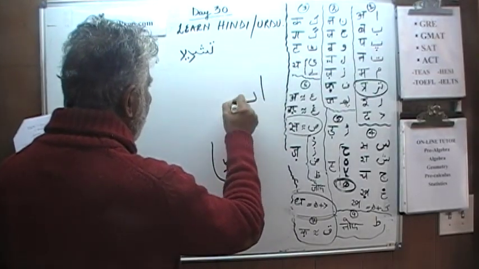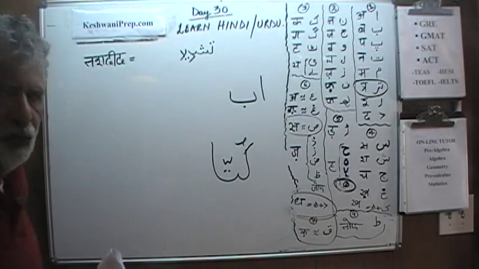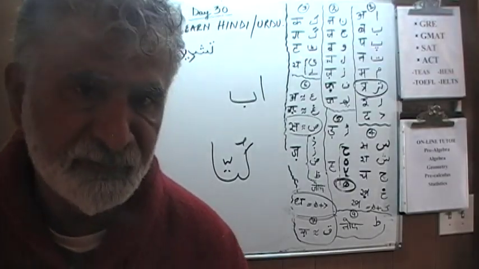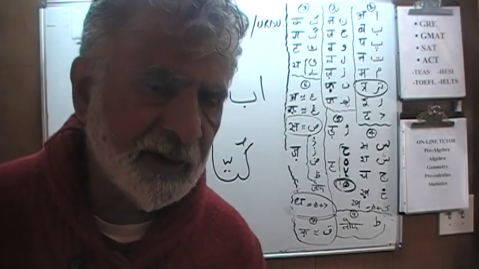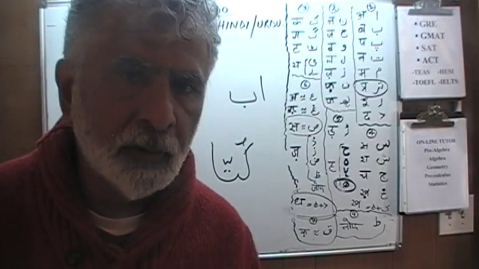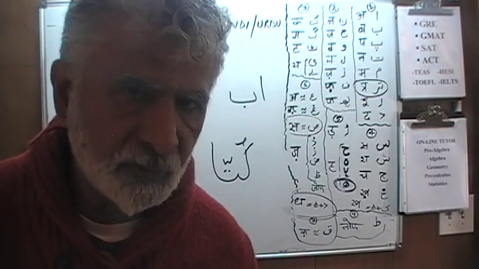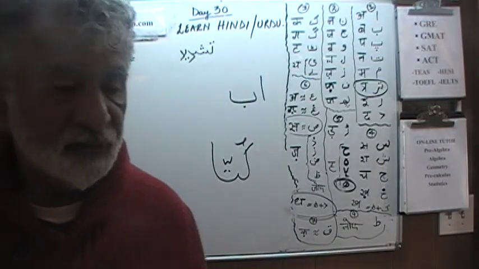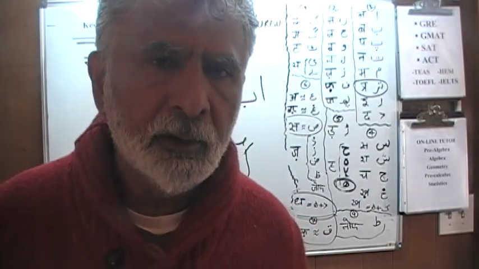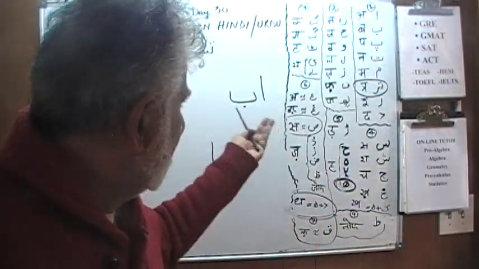Alif and be. The very first two letters of the Urdu alphabet, alif be. It goes alif be pe te se jim che ke, so forth, so forth. Alif be are the first two letters of the Urdu alphabet, as I said, just like in English you have a b. This is a b. Ab.